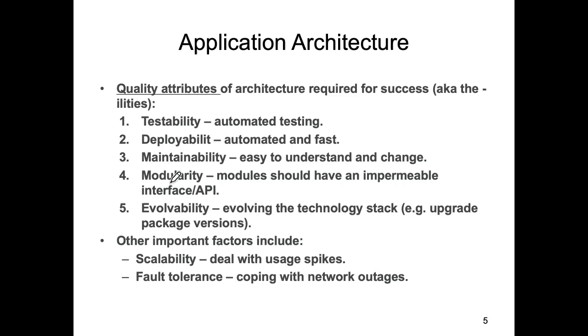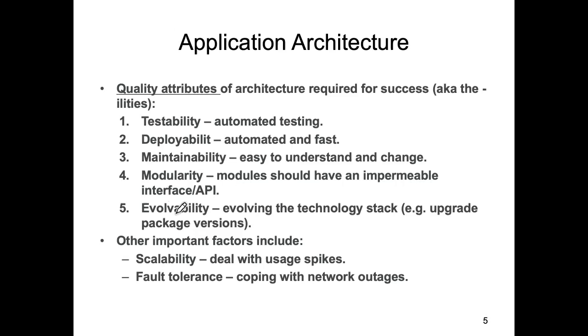Modularity here, I'm saying, they should have impermeable interfaces. Each module should carry out one particular function, and its interface should be such that if another module wants that module to carry out its functionality, the API should be sufficient to allow it to do it.